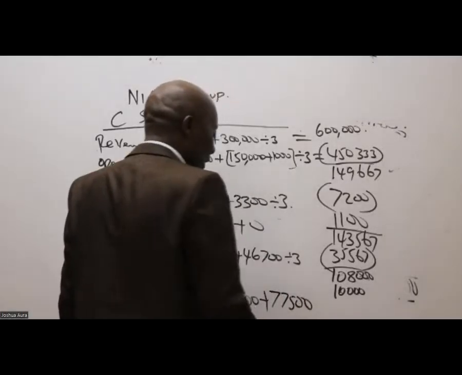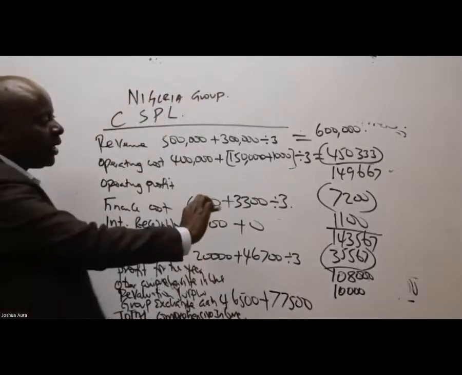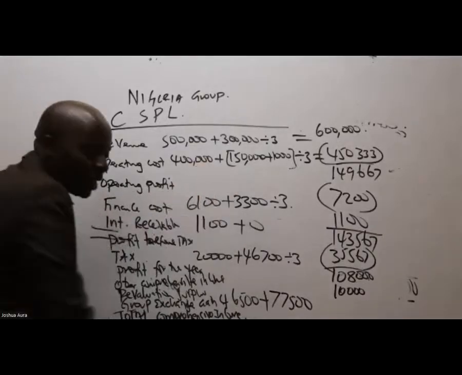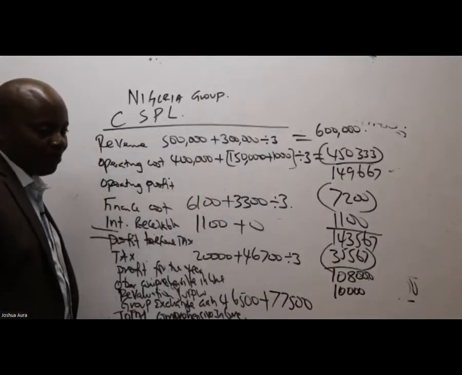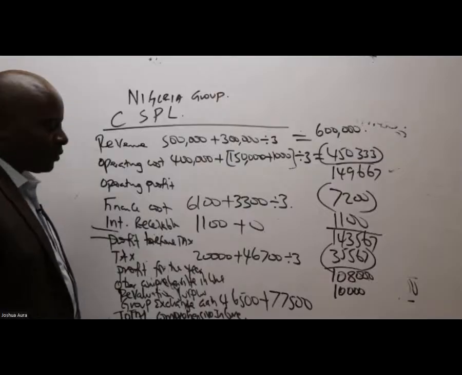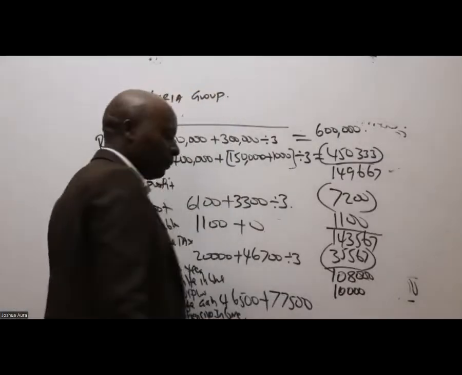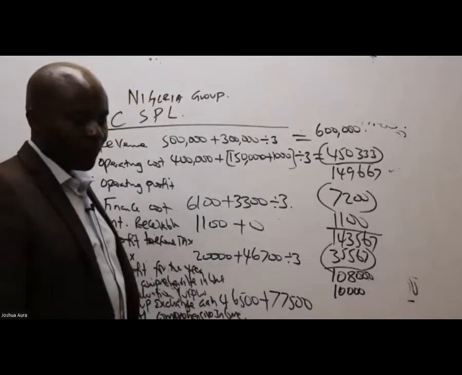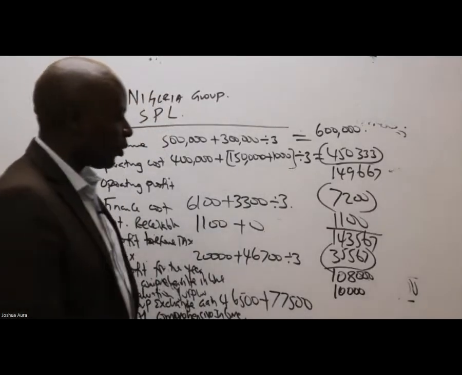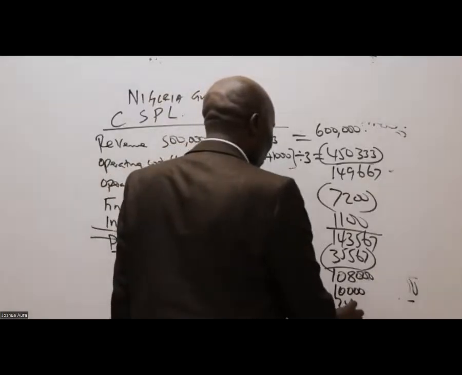Don't share, because sharing normally goes down in the income statement, and I shall never do that in an exam. So 46,500 plus 77,500, how much do we have here, somebody? 124,000.